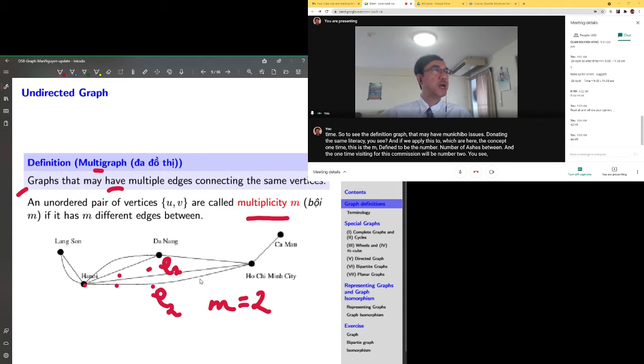You see, there are two highways connecting. We study the simple graph because that simplifies things and allows you to get precise results. But in general, in reality, you also have to think about the multigraph as well, if necessary. Okay.